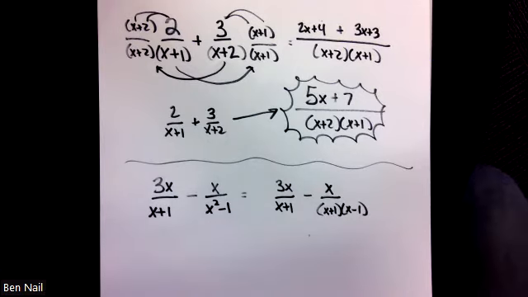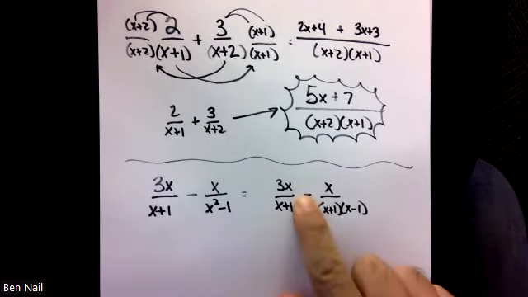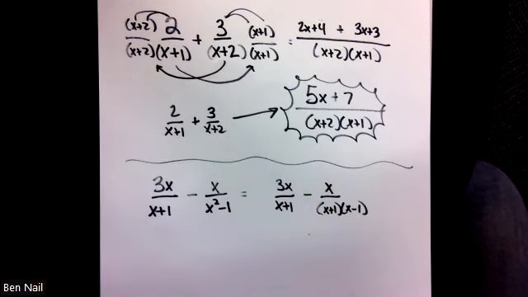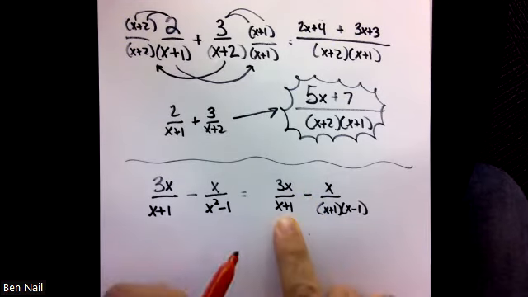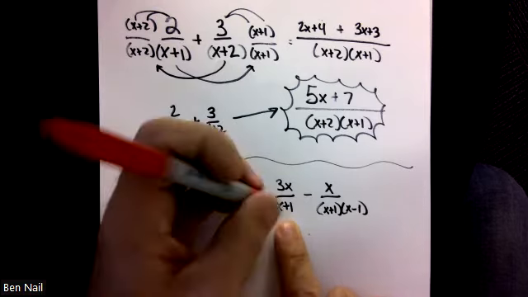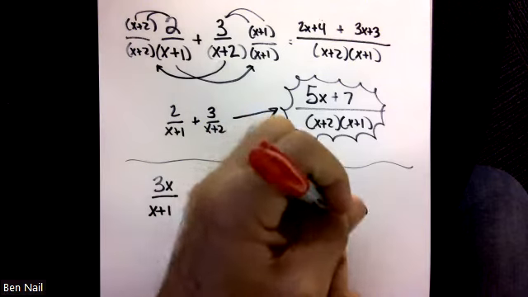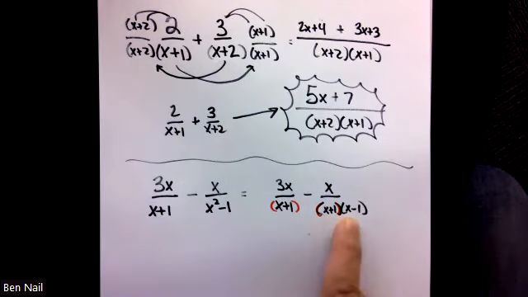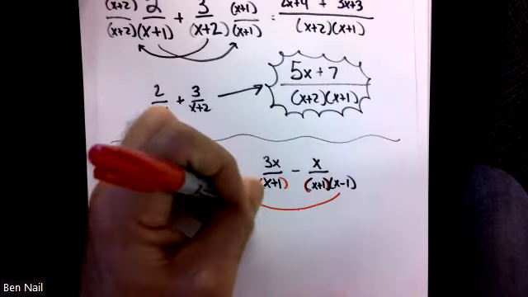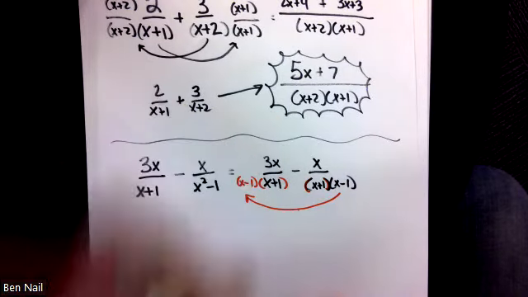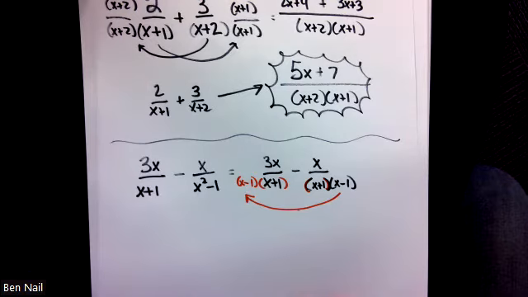So if we look, again, in order to add or subtract, you have to have a common denominator. And technically, we have an x plus 1 here. We already have that here. So technically, to get our common denominators, the only thing I need to multiply is an x minus 1 on the left here.